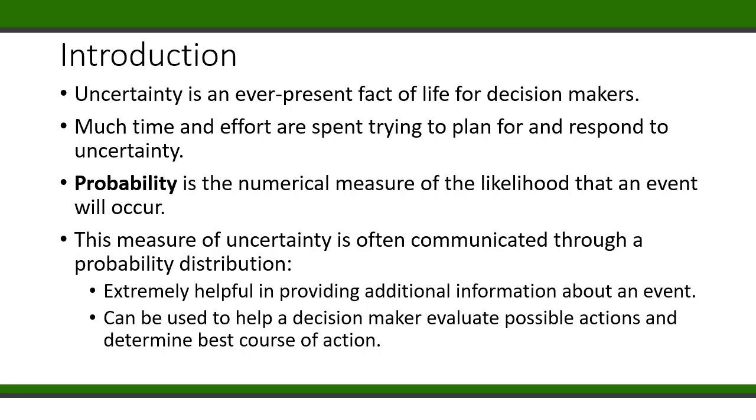And once we know the probability distribution of the data that we're looking at, then we can make some additional insights into that. Because of that, that'll help the decision maker evaluate different alternatives or actions and then determine the best course of action.